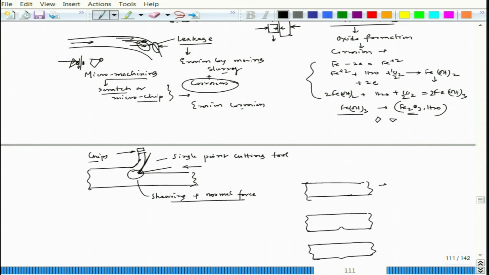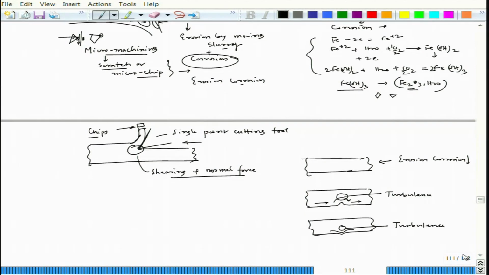So, in this case erosion would be very low, in this case and this case, because here fluid is flowing and then fluid is changing its direction. So, in this zone we have turbulence. Here also fluid is changing direction and this portion also would have turbulence. Fine. So, because of this we have greater erosion corrosion. Fine. Erosion corrosion might take place.